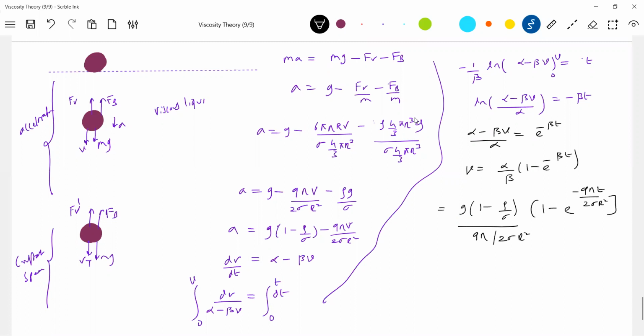Don't get scared, the equation is just of this form. G, this eta will cancel out. So this will be sigma minus rho by 2g r square by 9 eta.